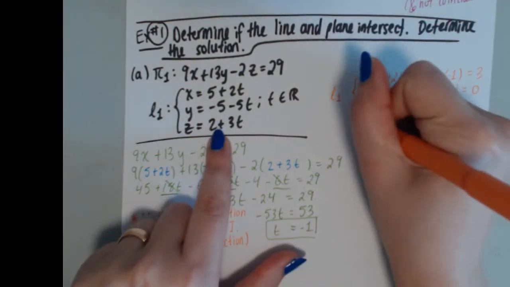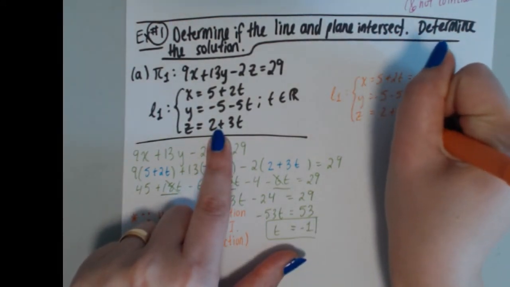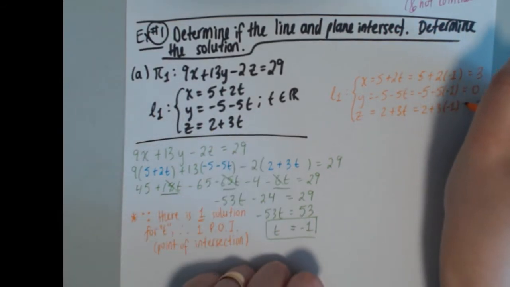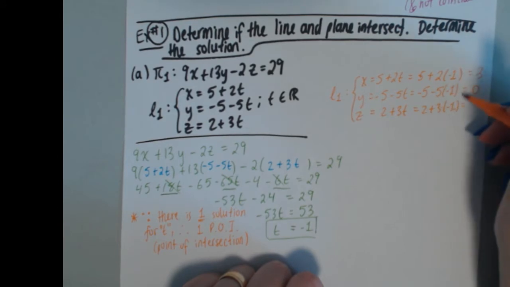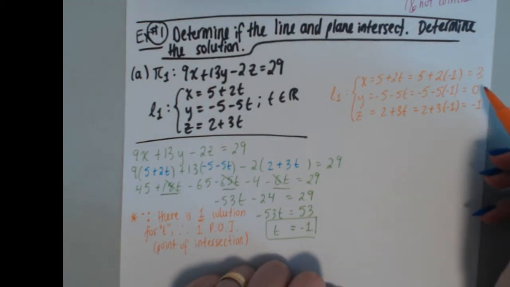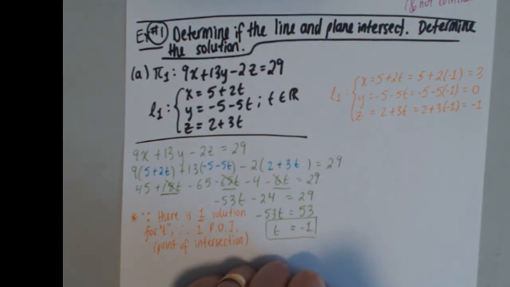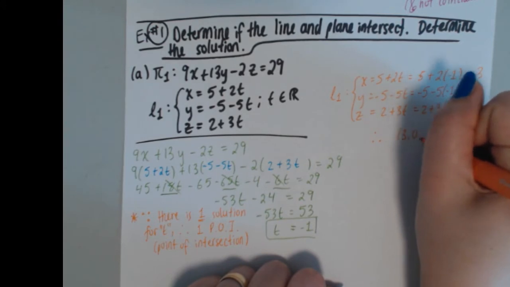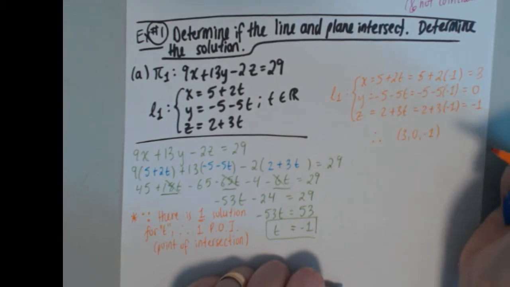And last but not least, z, 2 plus 3t. So that's 2 plus 3 times negative 1. 3 times negative 1 is negative 3. 2 and negative 3 makes negative 1. So there it is. There's your point: (3, 0, -1). Make sure you're using round brackets for points, square brackets for vectors.